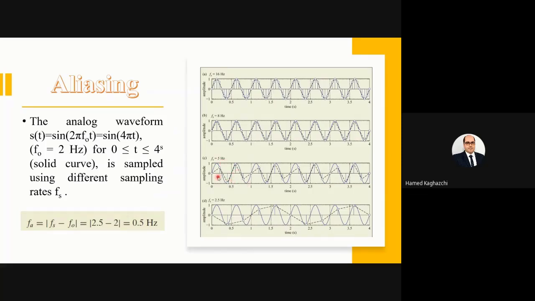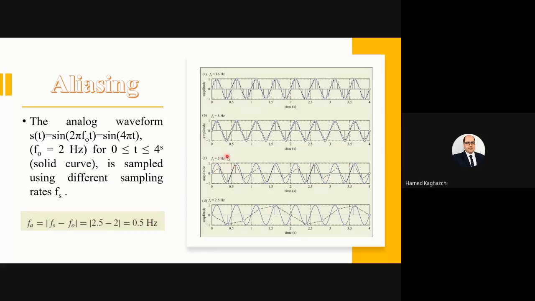But the problem is that I cannot visualize my original analog signal when I want to convert digital to analog. If I select Fs 8 Hz or 16 Hz, I can visualize my original analog signal. But here I cannot visualize it, but I don't have loss of information.